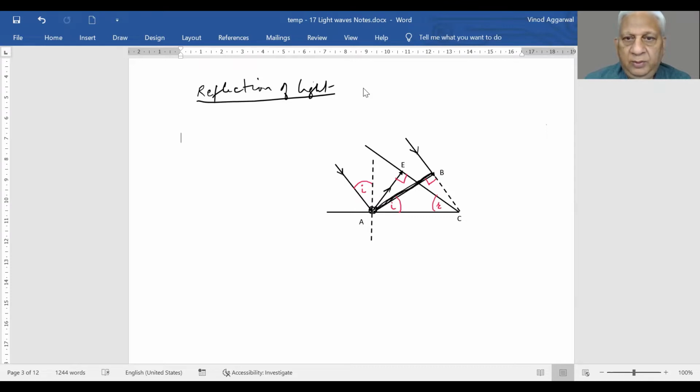But point B takes some time to reach C. And by the time point B reaches C, point A reaches E. So a new wavefront is created. This is the new wavefront that is created. By the time this point A reaches E, B has already reached C, and they start to move like this as a reflected wavefront. This is the reflected wavefront.